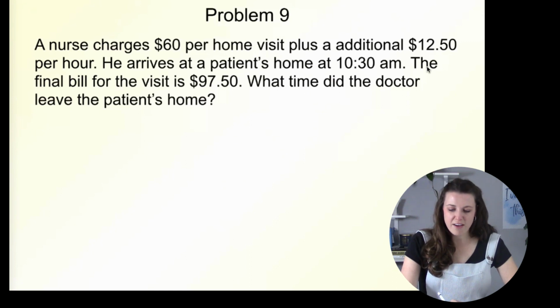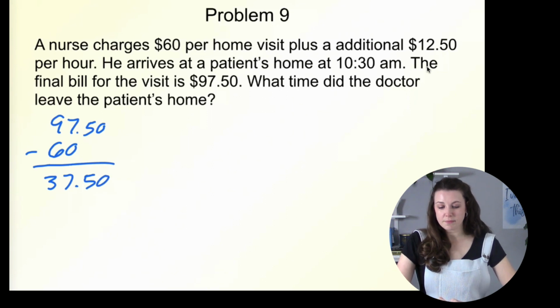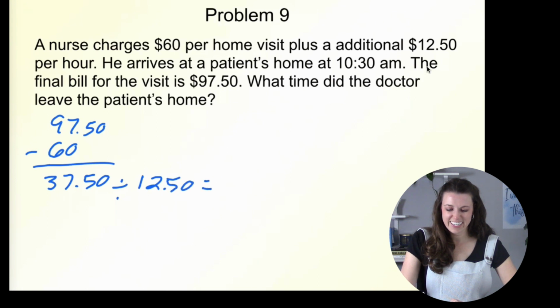Okay, so we have $97.50 minus 60 is $37.50. Now let's figure out how many hours. If I divide that by 12 and a half, I am going to get 3 hours.